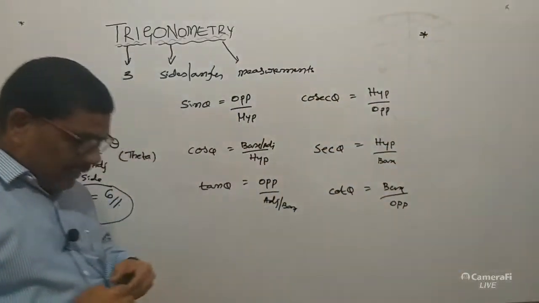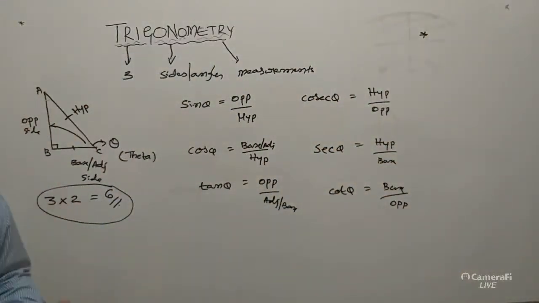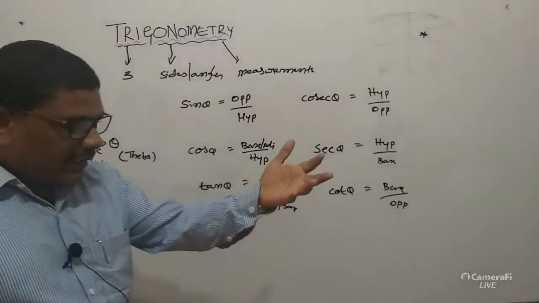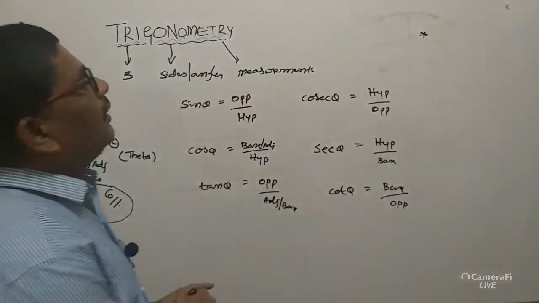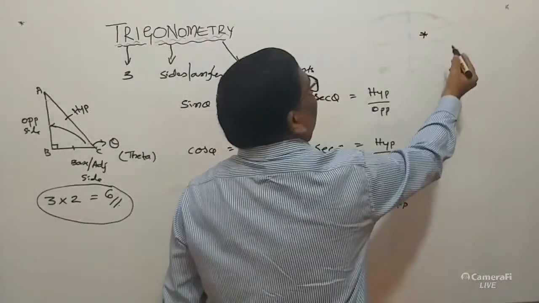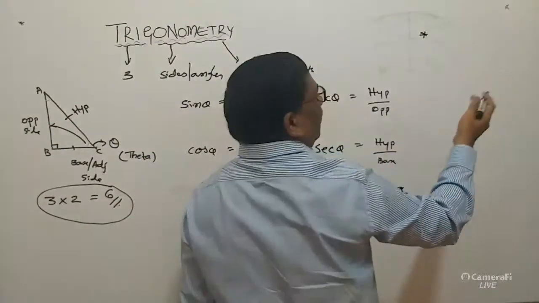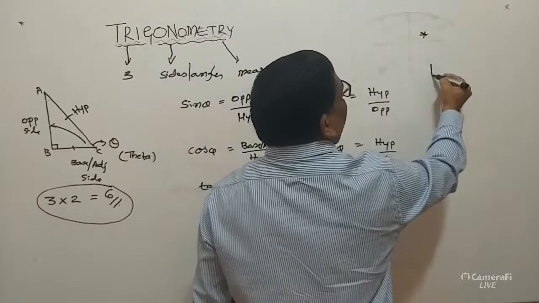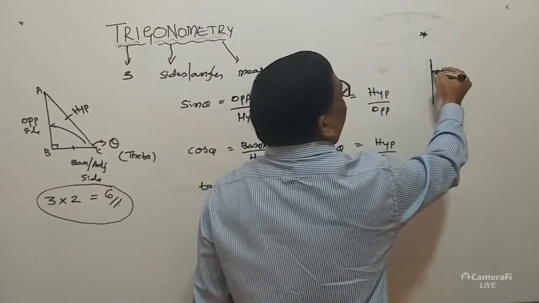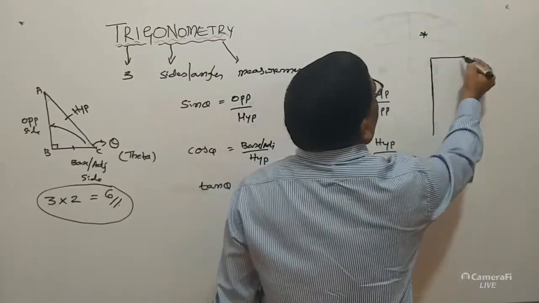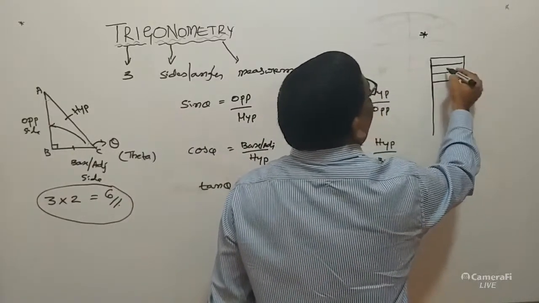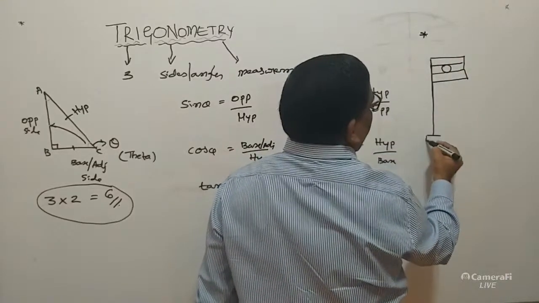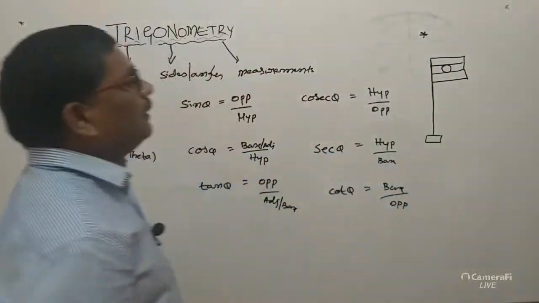Normally we think, where do we use trigonometric conditions? Let me tell you about the general surroundings. On Republic Day or Independence Day, there is a flag post where all the children gather.